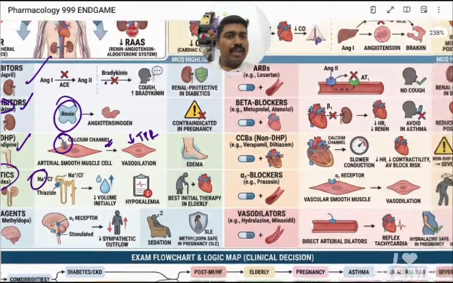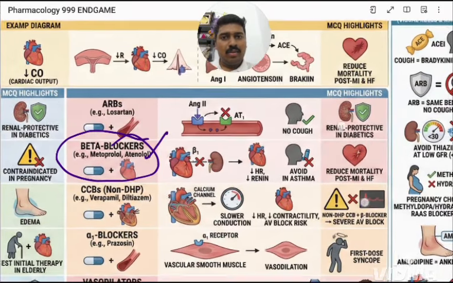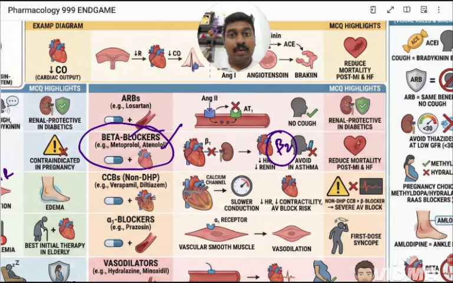And one more important class, I'll go directly here, that is beta blockers. You know that beta 1 receptor we have seen under ANS is present in the heart, so it will decrease heart rate. It will also decrease renin from the renin angiotensin mechanism. Now, non-selective beta blockers will also block beta 2 receptors, which are required for bronchodilation.